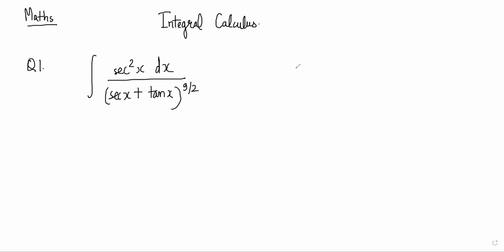Sir, I'm not getting what to take as the. What have you tried so far? So first, I thought I could take sec x as under root 1 plus tan square x, but that will not get me something I can solve after.